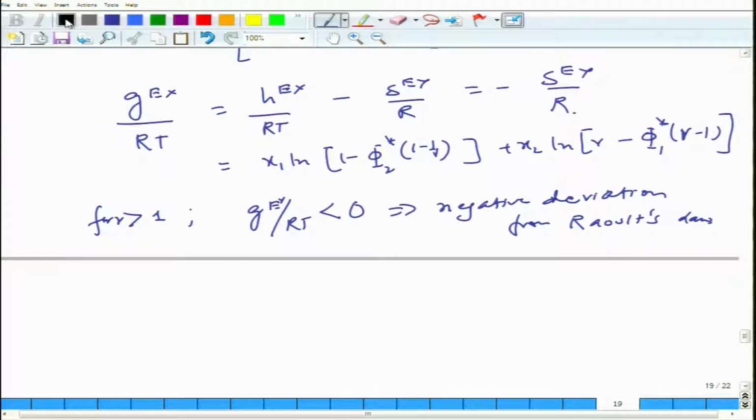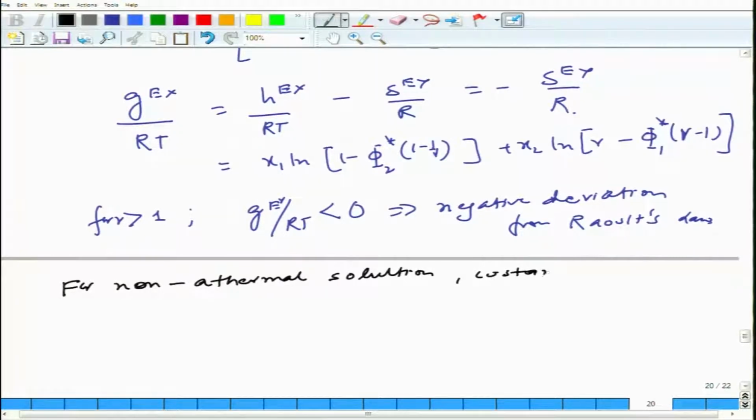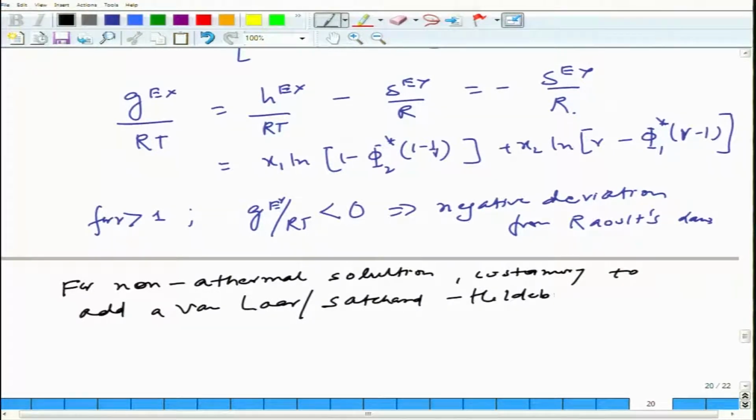So let me write down here, for non-athermal solution, it is customary to add a Van Laar or Scatchard-Hildebrand term.